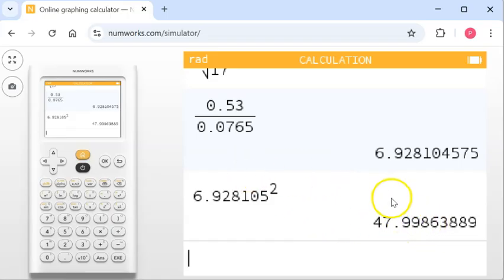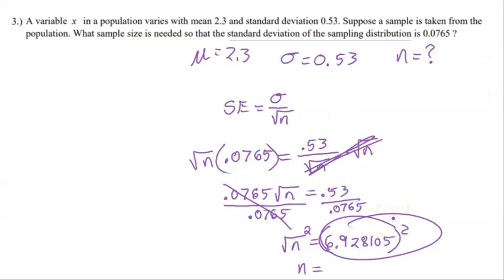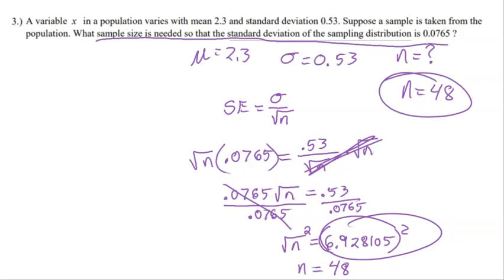Now, n is a sample size. Sample sizes are discrete numbers. They're whole numbers. They're not decimals. So what whole number is this close to? Well, 47.99 is close to 48. And so the answer here is going to be 48. Okay? So the answer is n equals 48. That is the sample size needed so that the standard deviation is 0.0765.